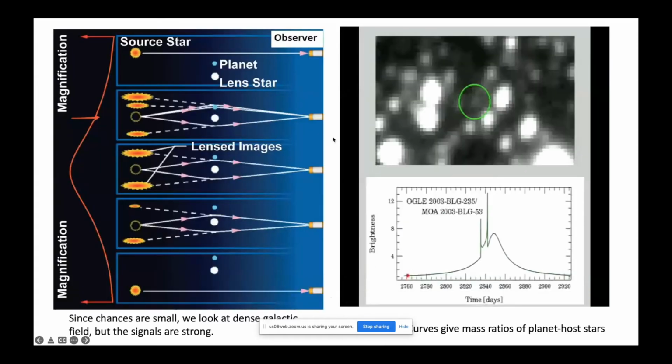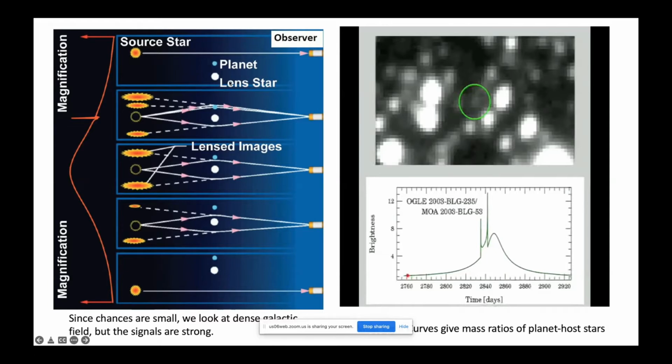So what exactly is microlensing? There will be two stars: one is the source star, which is in the background, over here. And there's a lens star, which is hosting a planet or planets. Usually these lens stars are in the disk.